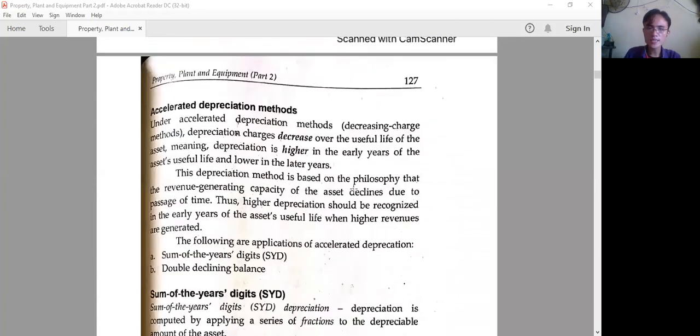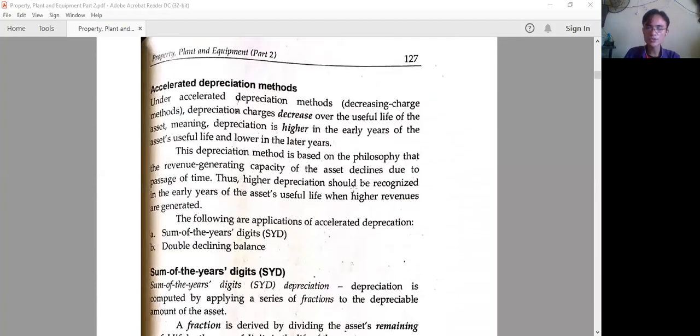Next, for accelerated depreciation methods, also known as decreasing or declining charge or balance methods, obviously, the depreciation charges would decrease over the useful life of the asset. This follows that earlier years would have higher depreciation, while the latter years would have lower depreciation.